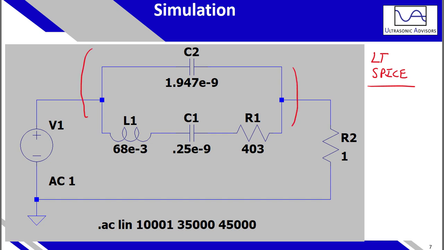I have a voltage source which I'm going to be driving with 1 volt sinusoidal, so that's sine omega t. I'm going to vary the frequency between 35 and 45 kilohertz. This is in hertz, and using 10,001 points, so I end up with one measurement for each frequency.